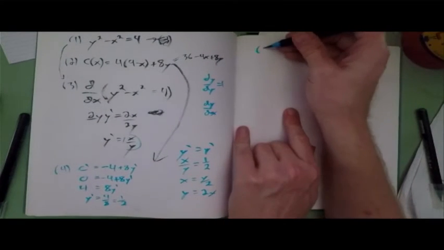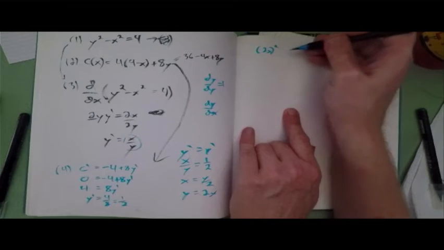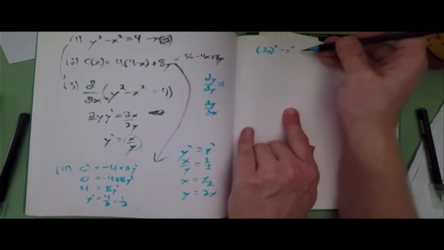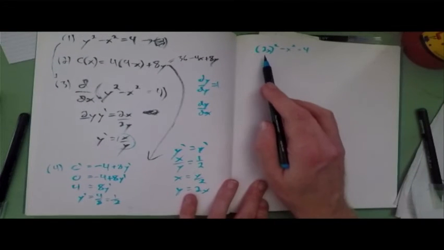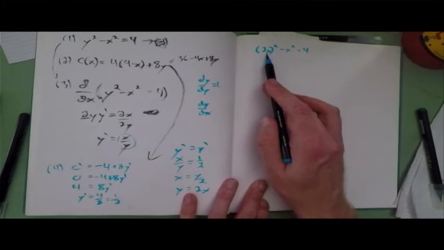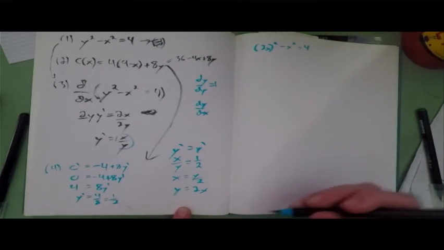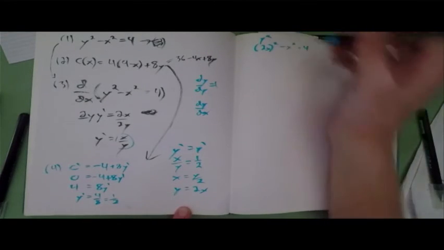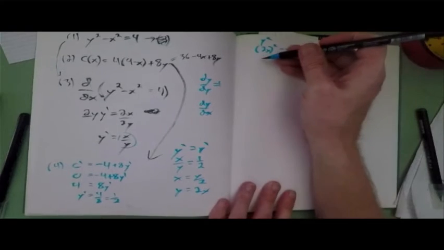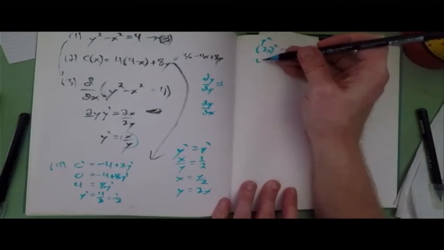So 2x squared minus x squared equals 4. Now the thing to be careful of here is this is y squared. Y is 2x, so we need the whole thing to be squared, right? Not just the x. So we're going to have to square the 2 also.